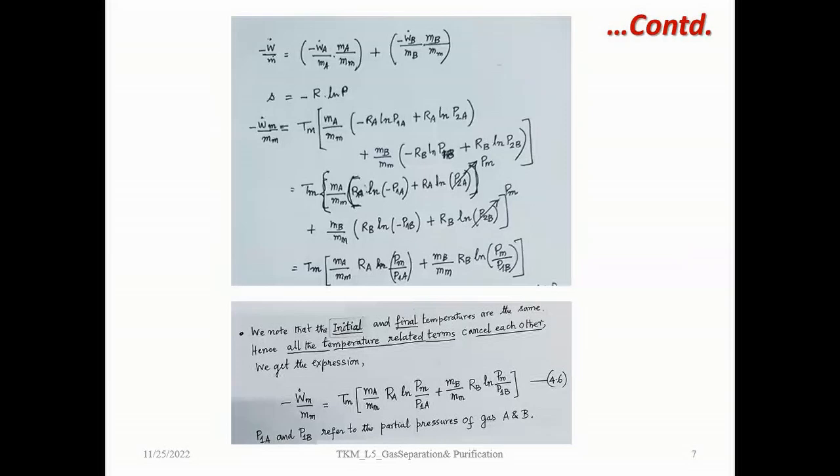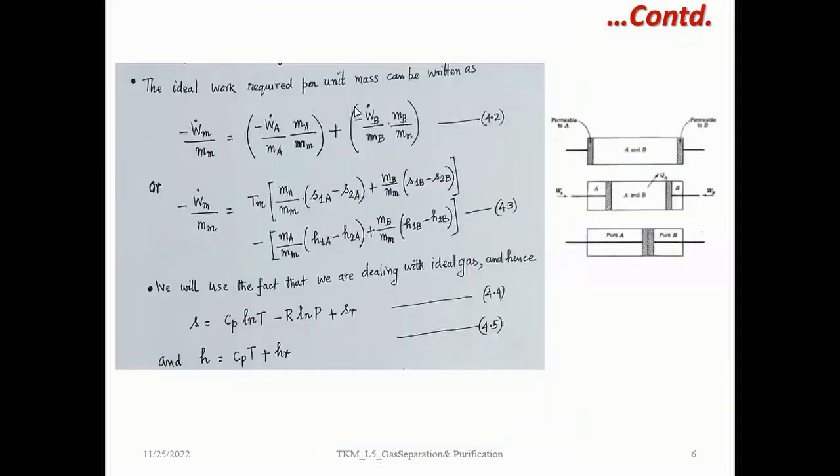First thing we notice is that the temperature remains the same in the process. So if you look at the logarithm term, anything relating to temperature remaining the same would mean the initial temperature is the same as the final temperature, so you apply the limits T1 and T2.